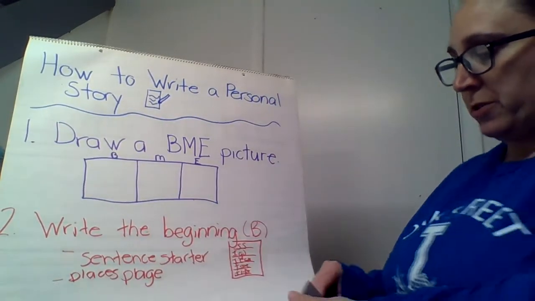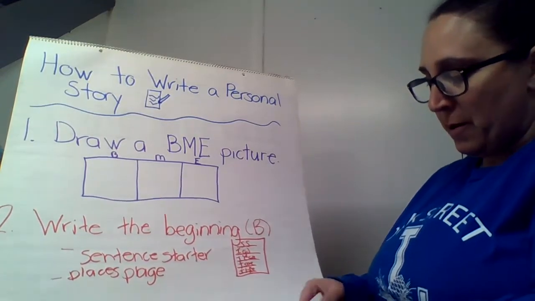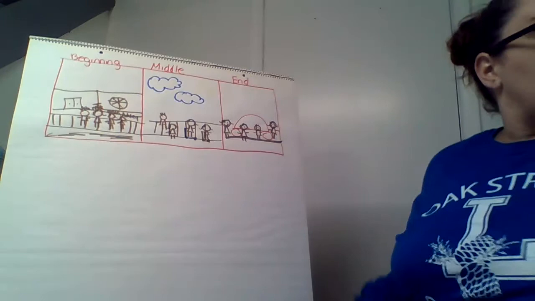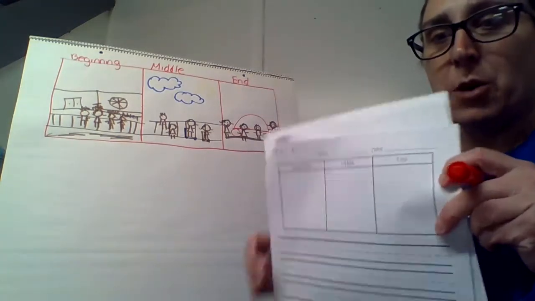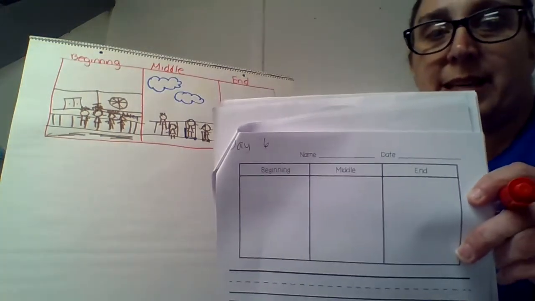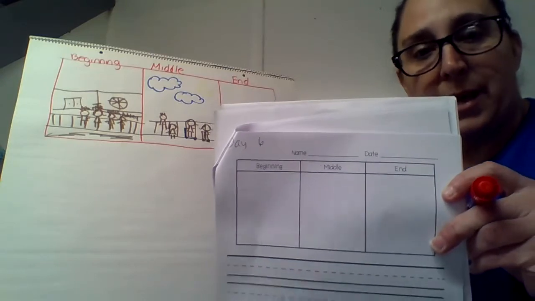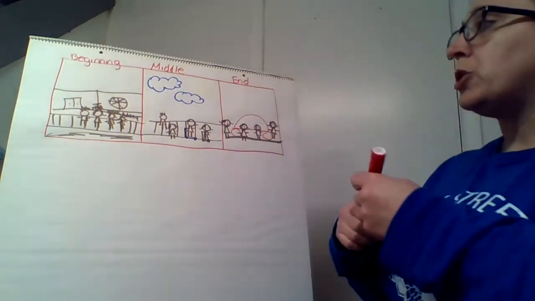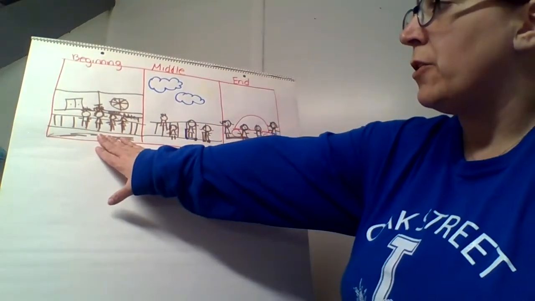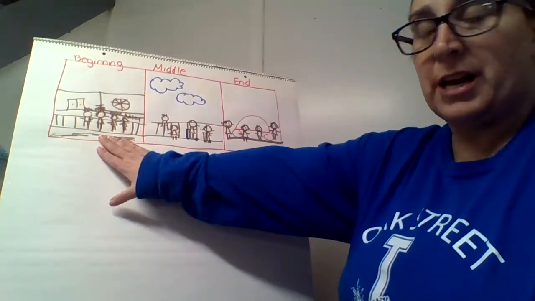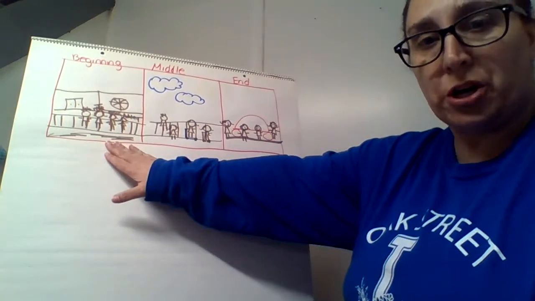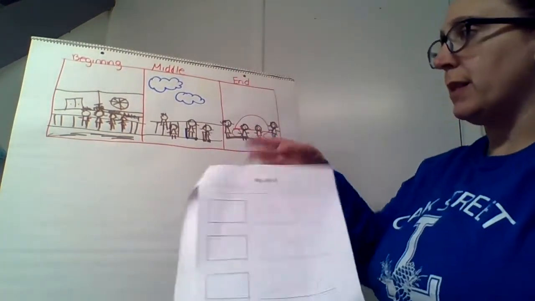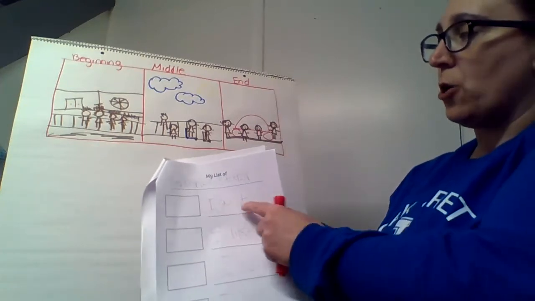Now I want you to flip the page in your packet and go to your writing piece, which should say day 6, but we're really working on it in day 6, 7, and potentially 8, depending on how far you get today. So my beginning, when I look at my picture and think about my sentence starter, I am going to write the sentence, I go to.